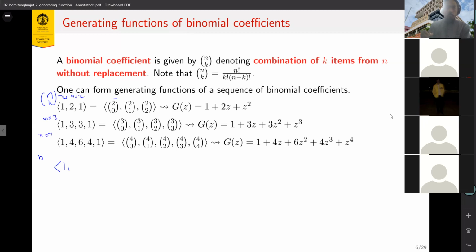What about n is 5? What do you get? The sequence is what? 1 5 10 10 5 1. Correct. And this is the sequence, this particular sequence.